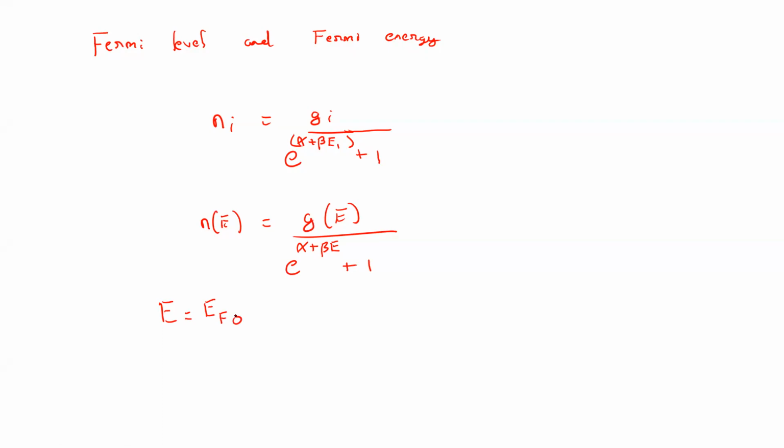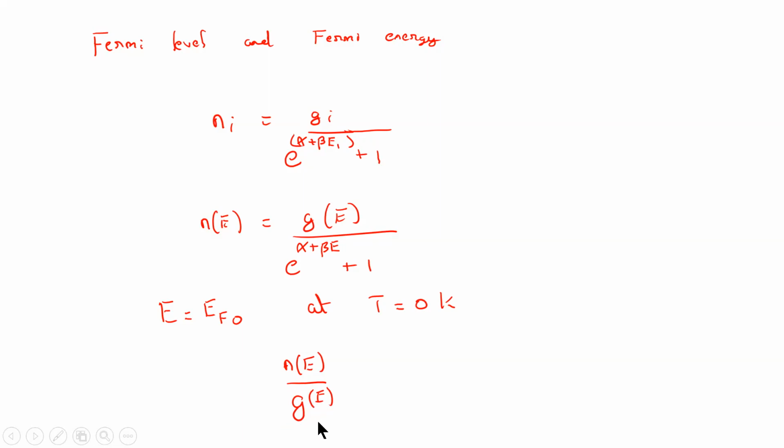Okay, so all the states are completely filled at T equal to 0 Kelvin. If all the states are completely filled, then what we call the occupation index will be equal to 1. Because this is the number of electrons with this energy, and this is the density of states at this energy. Each particle can occupy only one single state with this energy.